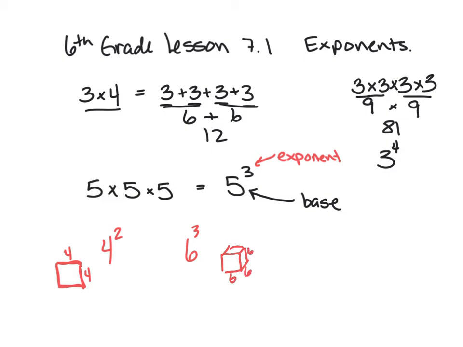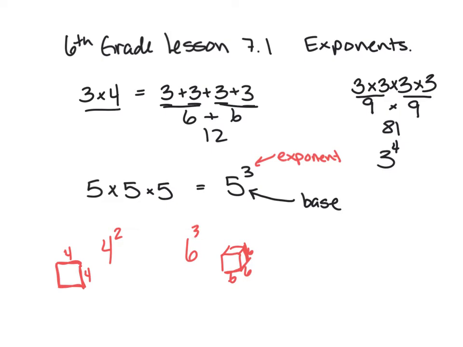They're all going to be the same because it's a cube, right? 6 times the length times the width times the height. That's 6 times itself 3 times over to make a cube. So people will use the term cubed for anything to the 3rd power. You could say 6 to the 3rd power and you would be right, or you might hear it said as 6 cubed.